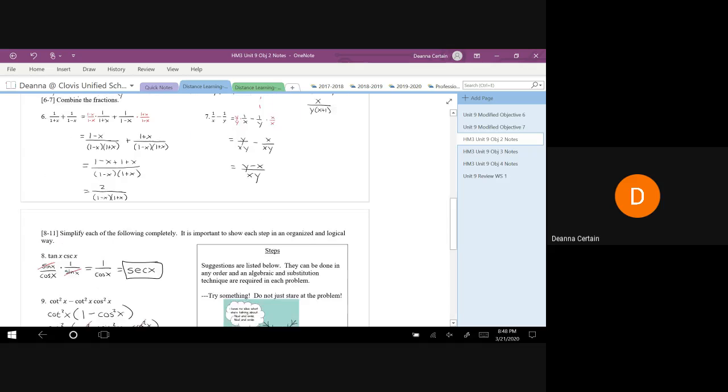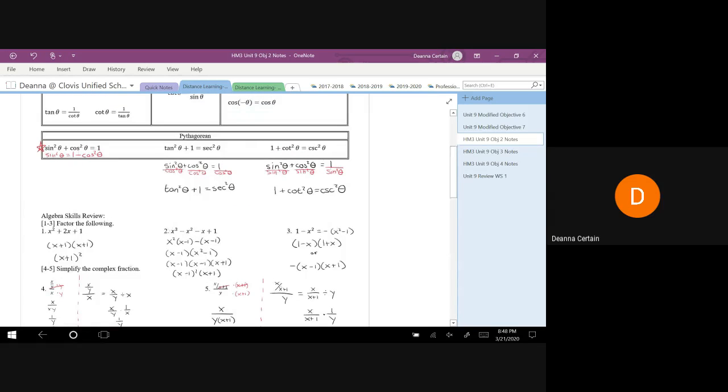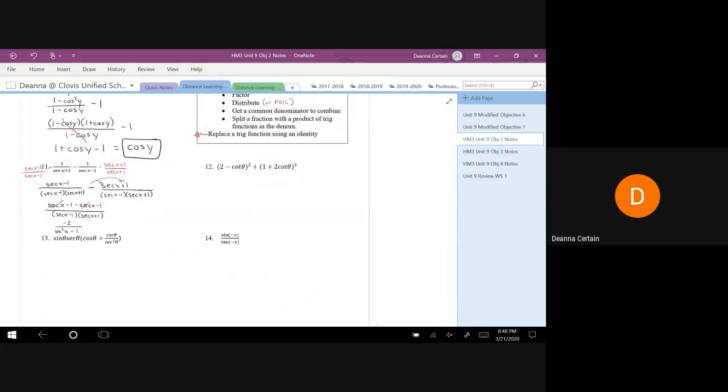Well, that denominator secant squared x minus 1 looks suspiciously similar to this Pythagorean identity in the middle there with our tangent squared theta plus 1 equals secant squared theta, because if I subtract that 1 over to the other side, I'd get that tangent squared theta equals secant squared theta minus 1, which is what I have in the denominator of my current problem. Okay, so in the denominator there, that secant squared x minus 1 is technically tangent squared x.